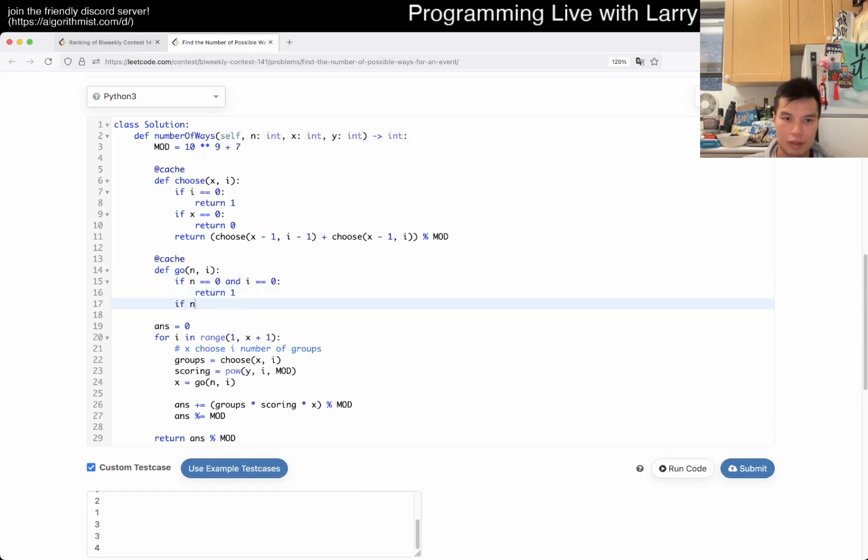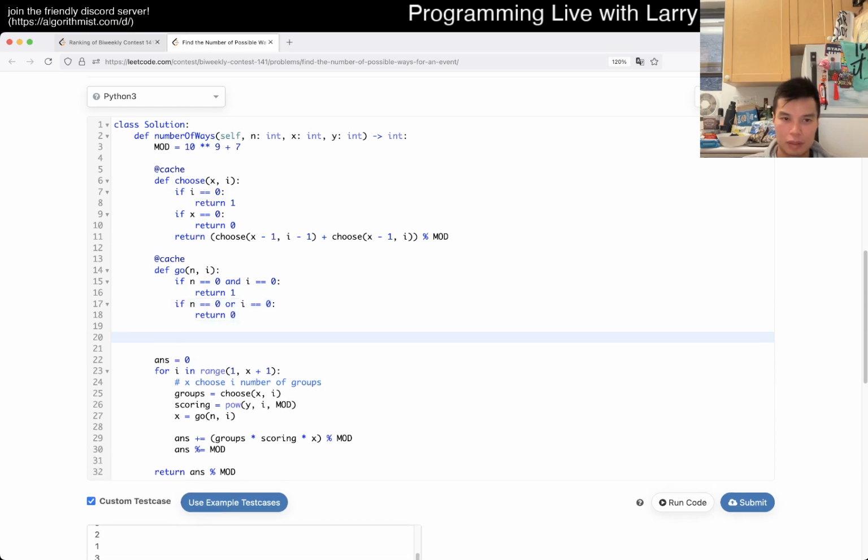One, then if n, and then return goal of n. So now this person can start a new group, maybe.